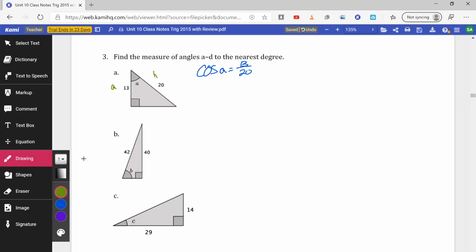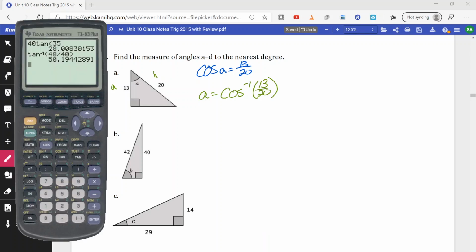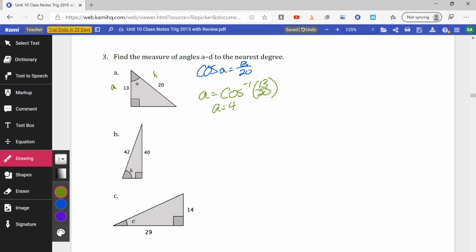We'll now take the arc cos. So A is going to equal cosine to the -1 of 13 over 20. And again, using the calculator, second cos, 13 over 20, gives us 49.45, so we round up to 49.5. So A is 49.5 degrees.